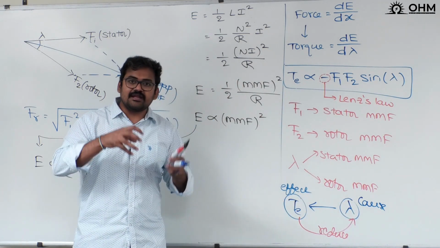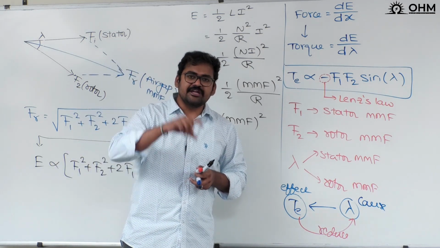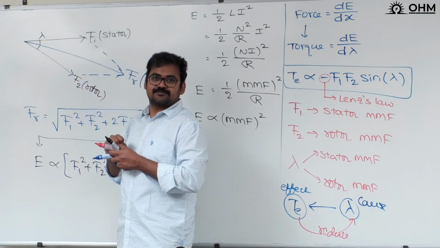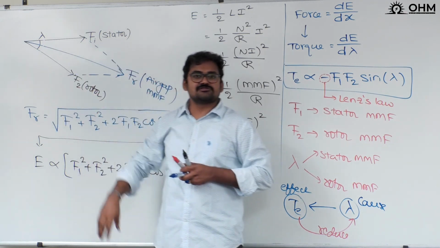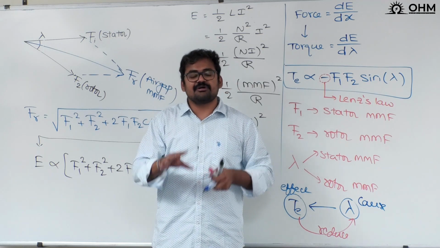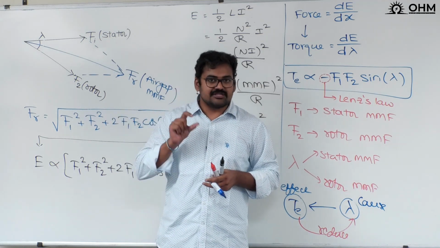Therefore, in rotating electrical machines, whatever electromagnetic torque is produced, it is always trying to reduce this angle lambda. But if it is reduced to 0, torque also becomes 0. So torque will always try to reduce it, but it will never be able to reduce it to 0. Now, answer my question here.